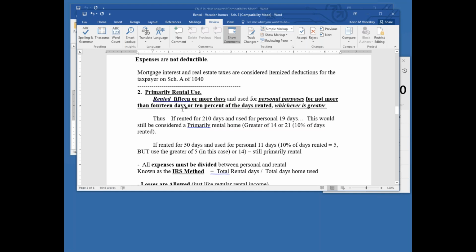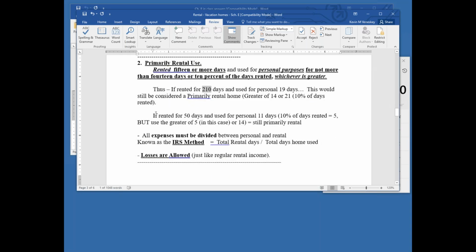So I gave a little example here. If I happen to rent it for 210 days and I use it for personal purposes 19 days, that's still okay. It still falls under this rule, because even though I use it more than 14 days, it's not more than 21 days, 10% of this. So therefore it is considered primarily rental.